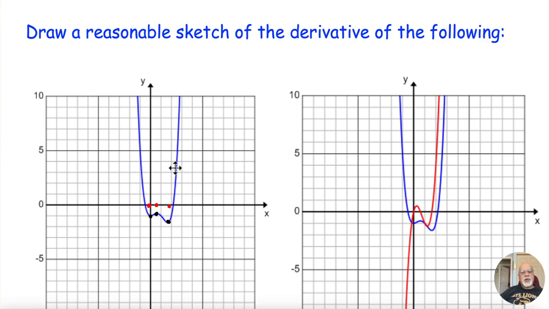And given that it's quartic and the leading coefficient is positive because it goes from Q2 to Q1, I know that the cubic will also have a positive leading coefficient, and so it'll go from Q3 to Q1. And so this graph would have to come up like this, go through there, turn around, go through there, and then go up. So that's a reasonable facsimile of the graph on the right-hand side.